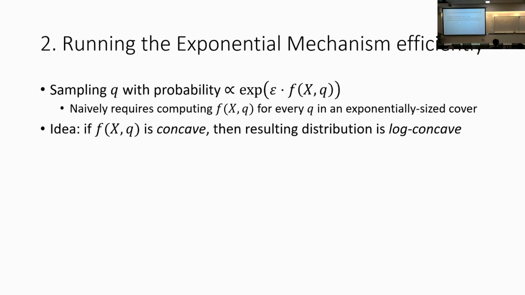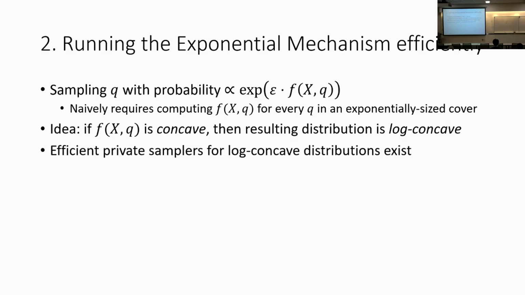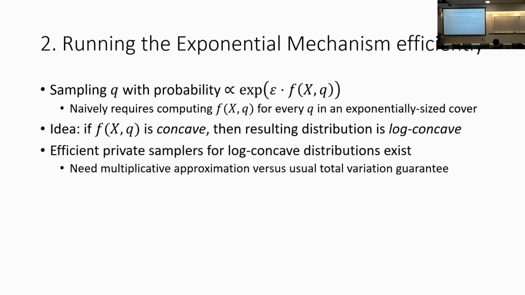And once you make this observation that you have a log concave distribution, that's when you can import a whole lot of really awesome work from classical computer science and statistical work, which essentially says that you can efficiently sample from log concave distributions, assuming some other conditions as well. There's been a lot of work done, including here at Georgia Tech. There are some caveats. In particular, usually you look at total variation guarantees.